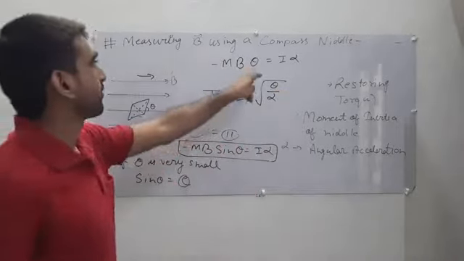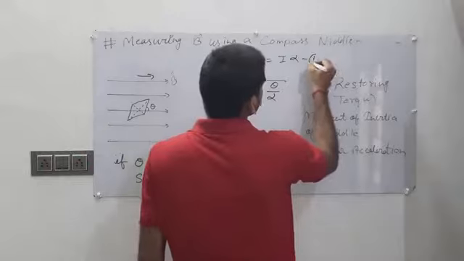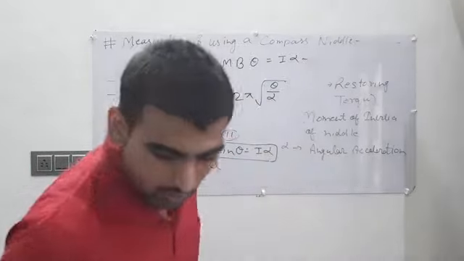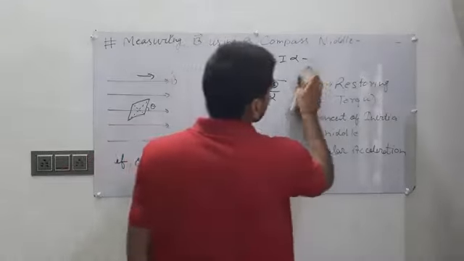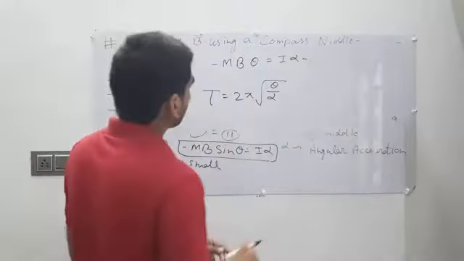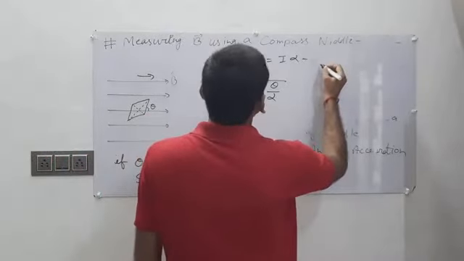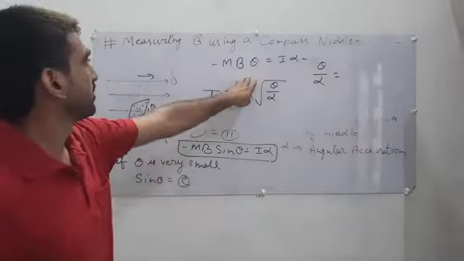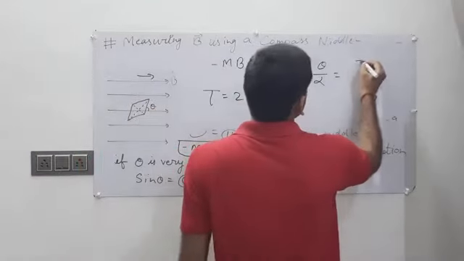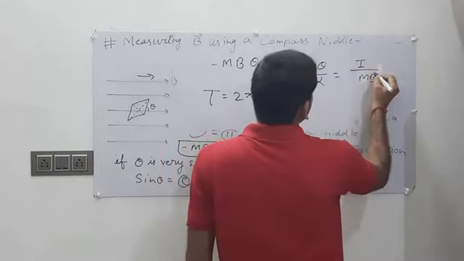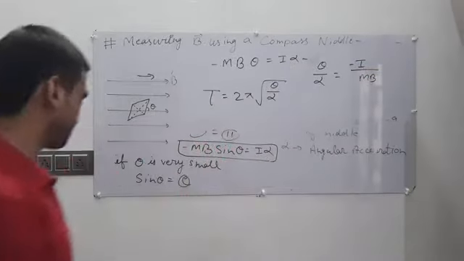From this equation we can calculate the ratio between theta and alpha. That means theta upon alpha equals I upon mb, and this is with a minus sign.